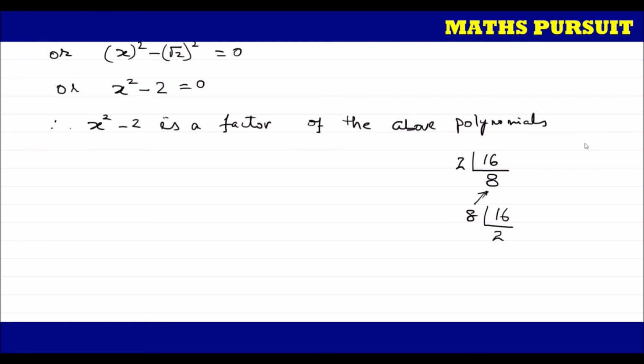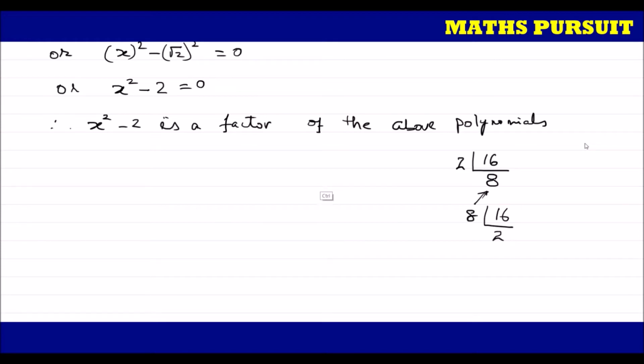That means if I divide the given number with the factor, we will get the other factors. The same way, I am going to divide the given polynomial with the factor that we got here in order to find the other factors or the other zeros. Now let us move ahead, keeping this example aside.